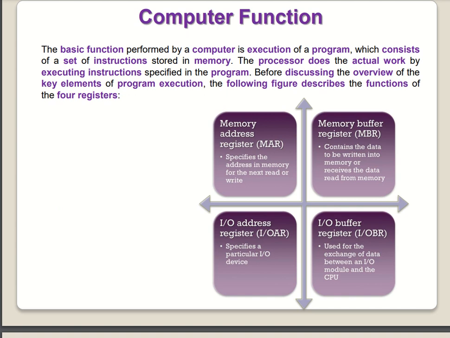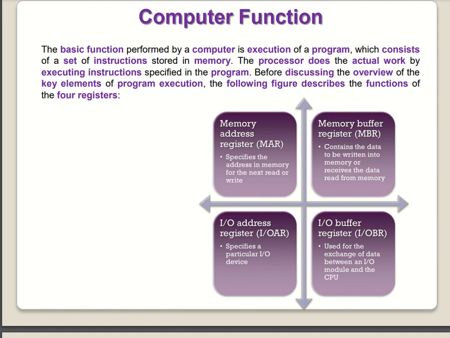So these are the registers that we saw in the previous slide: MAR, MBR, IOAR, IOBR. What are they? Actually, the basic function of a computer system is data processing, the execution of the program. The program consists of a set of instructions. Where is the program?